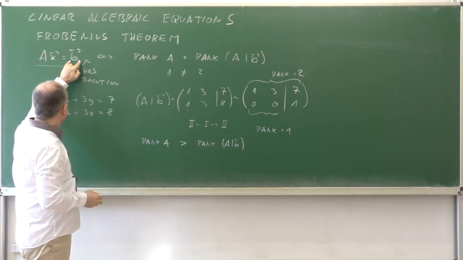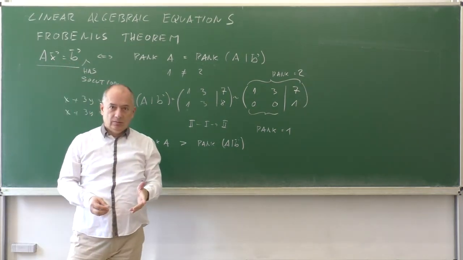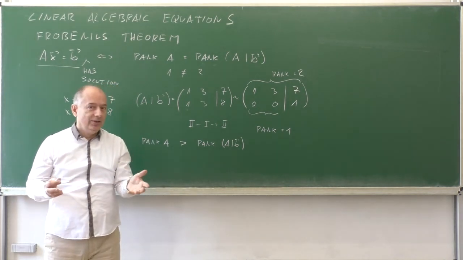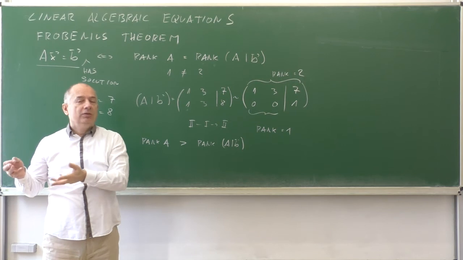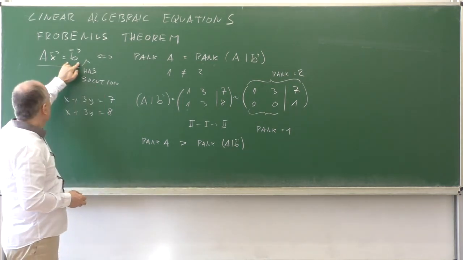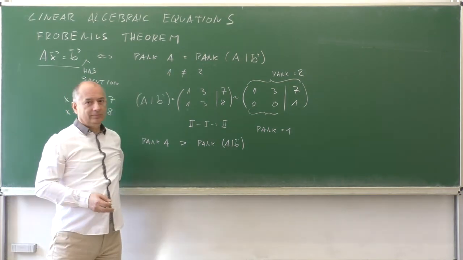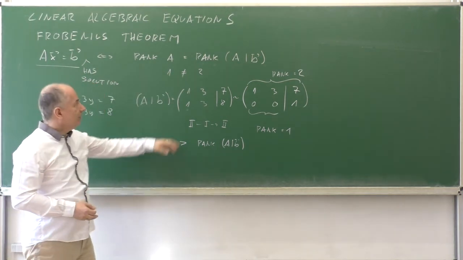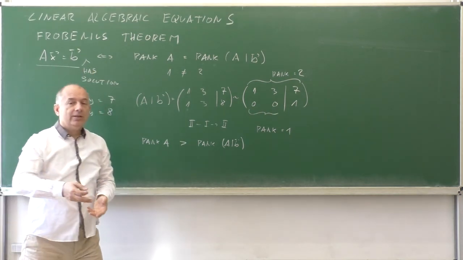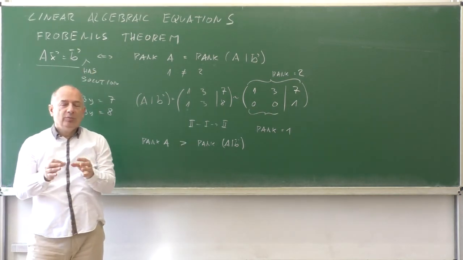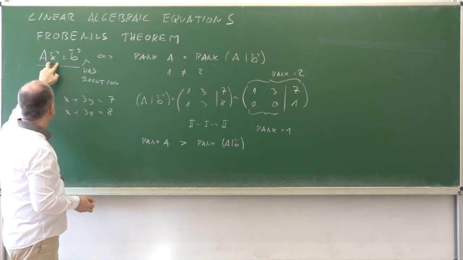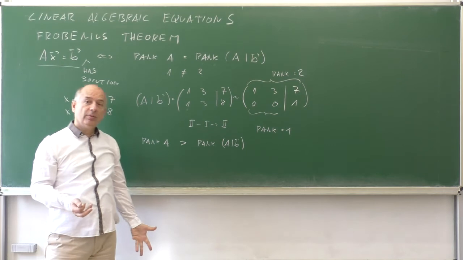And if it is equal to b, that means the vector b, the right-hand side, is a linear combination of the columns that are already there. So the rank is the same. But if the rank is higher, then b is something new, meaning it cannot be constructed as a linear combination, so it cannot be equal to some linear combination of the columns of the matrix A.